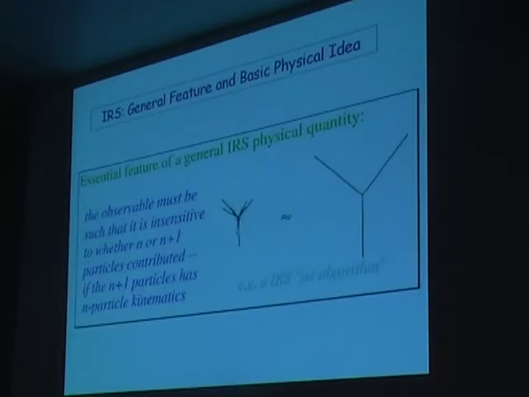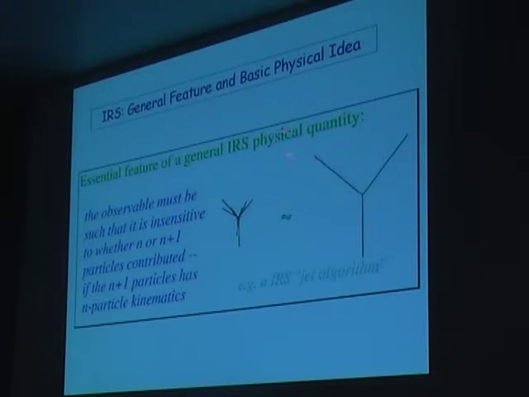The basic idea behind infrared safety, of which the total cross-section was an example, is precisely as we already indicated.